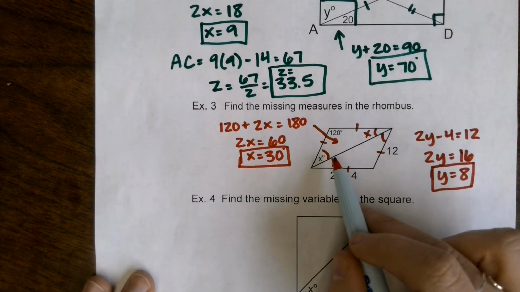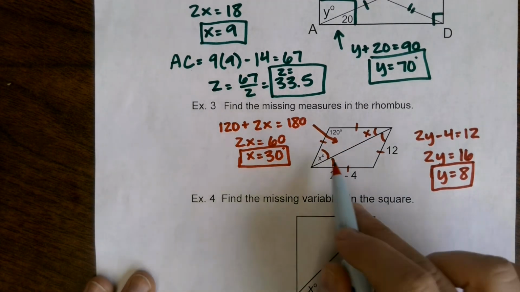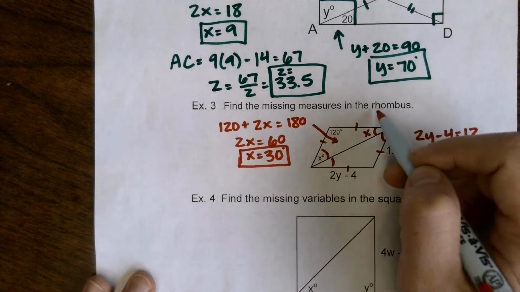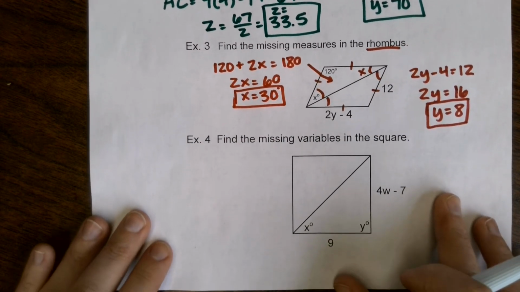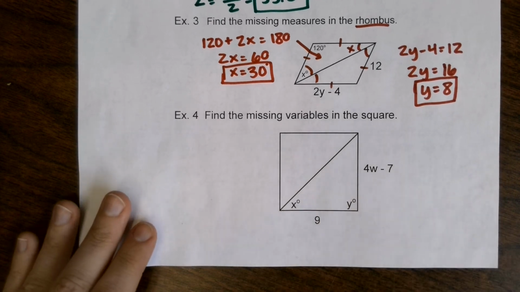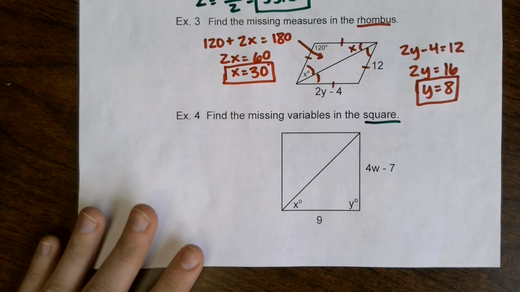So using the fact that diagonals bisect opposite angles, using all 4 sides are congruent in a rhombus.